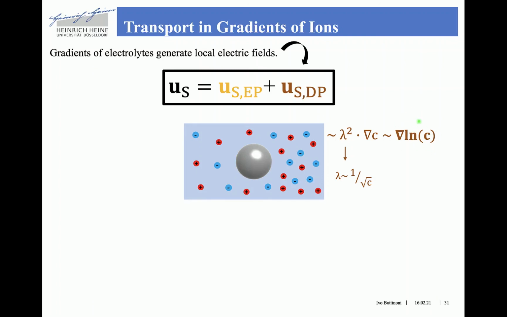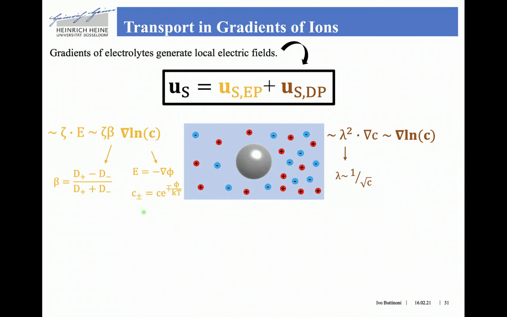On the other hand, the electrophoretic term is proportional to the zeta potential of the particle times the electric field, which now is the electric field that is given by the distribution of ions around the particle. And so it depends on how mobile the cations and the anions are. And it's also proportional, again, to the gradient of the log of the salt concentration.